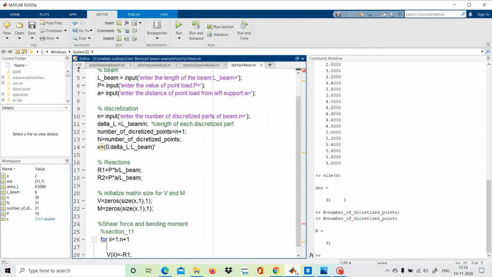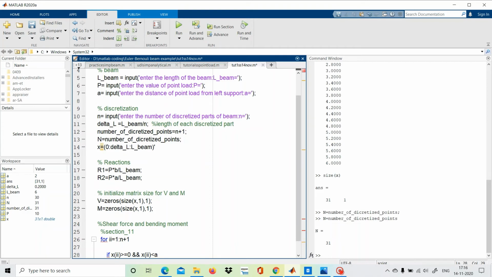We will write that if X of ii is greater than or equal to 0 and less than a, using the double ampersand, then X of ii should be less than a.